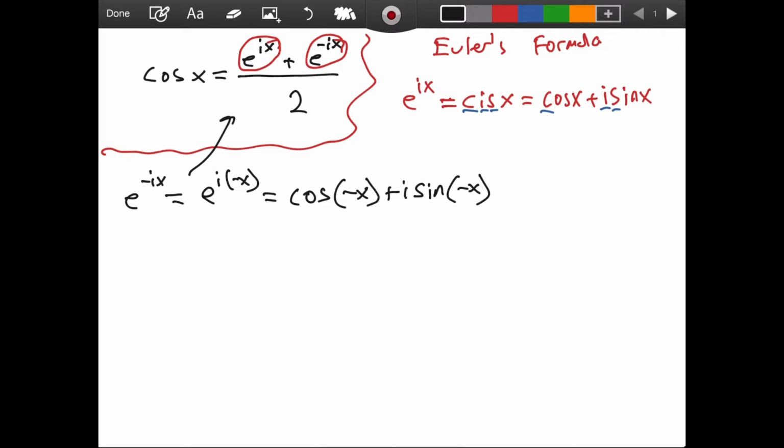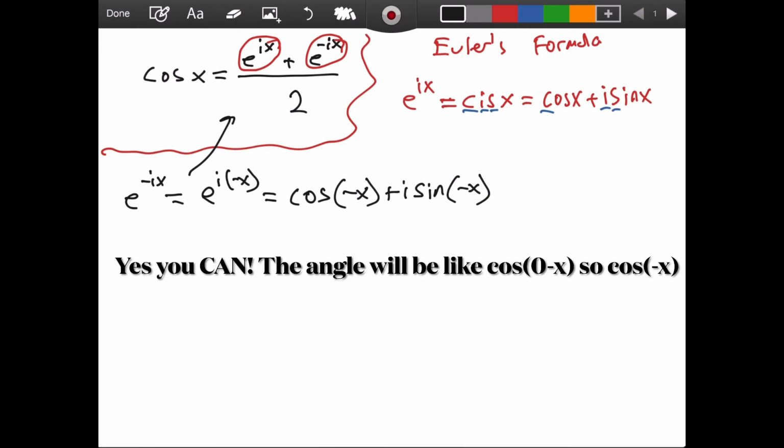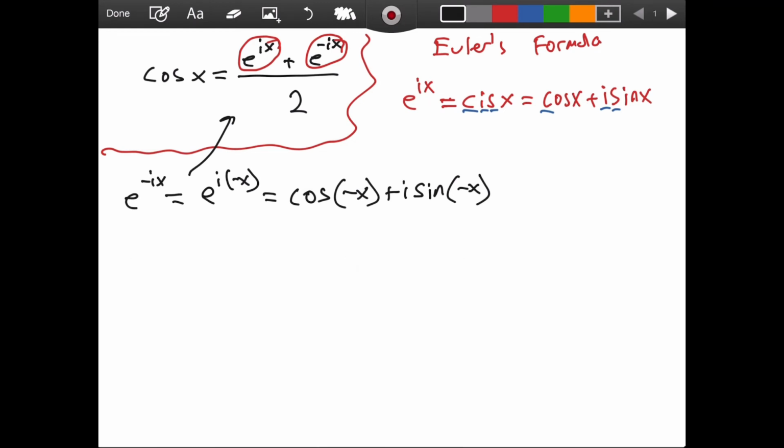Using your sum and difference formulas for cosine and sine, actually no, you can't find what cosine of negative x is using those, I believe. But what you can do is think of your unit circle. The x coordinate will give you cosine and the y coordinate will give you the sine.